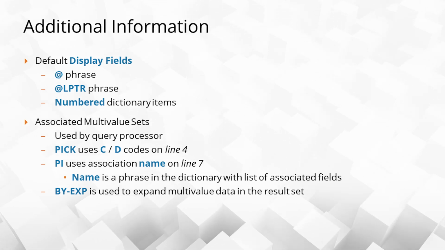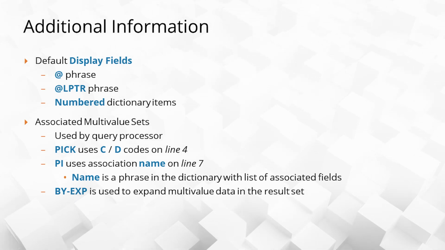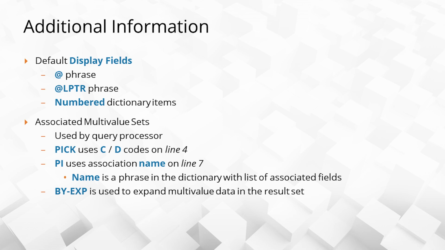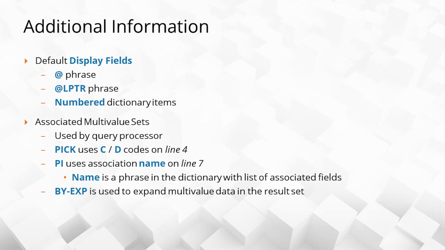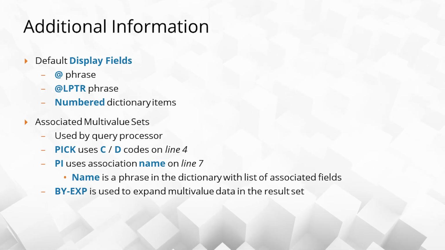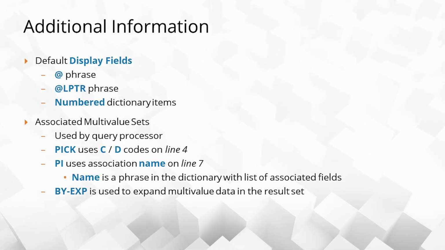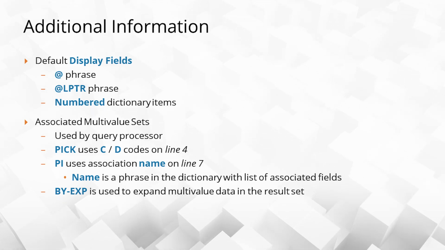It does help you associate them, but it's all done by attribute number and not by field name, so it can be a little bit difficult to manage. That's done on line 4 in the dictionary. The primary field has a C and then a list of the numbers of the dependent fields, and the dependents have a D and then point back to the primary field.